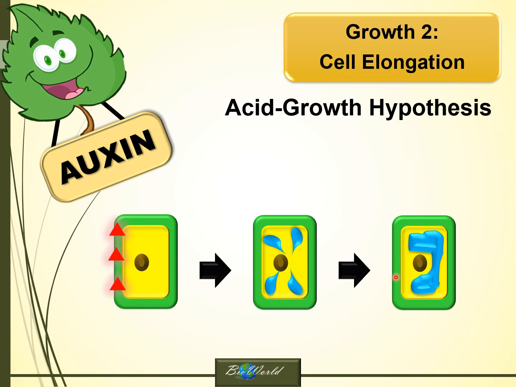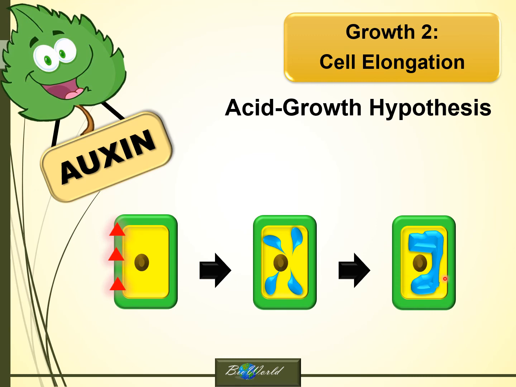Now, as water keeps diffusing in, turgor pressure will start to push onto the cell wall. In a normal situation, the cell wall will be hard, so the size of the cell will not be affected. But in the presence of auxin, the cell walls would have become more elastic.